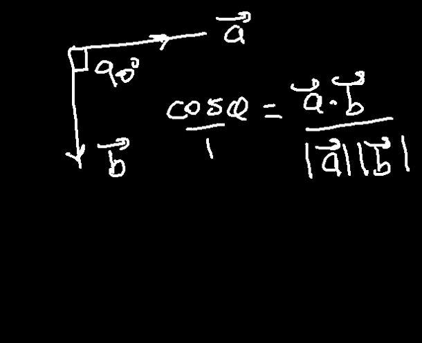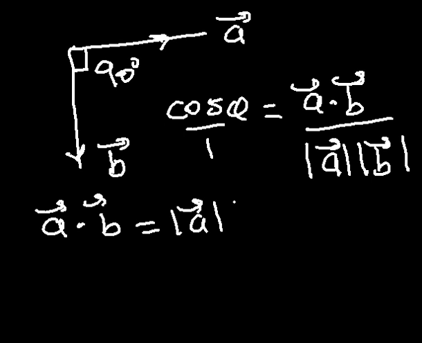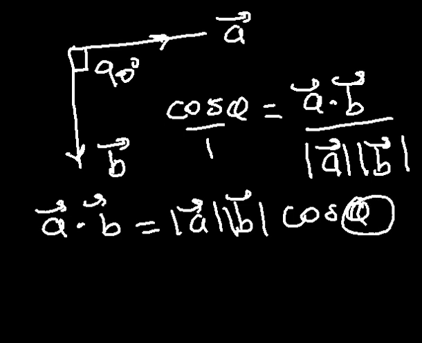Then let's think of cross multiplying. Using cross multiplication, we'll have the dot product of the two vectors being given as that, where theta is the angle between the two vectors.